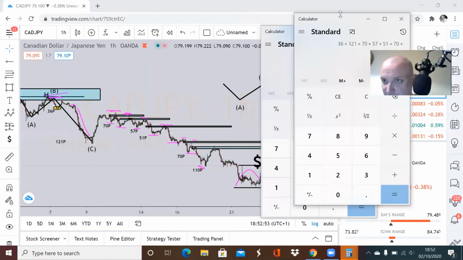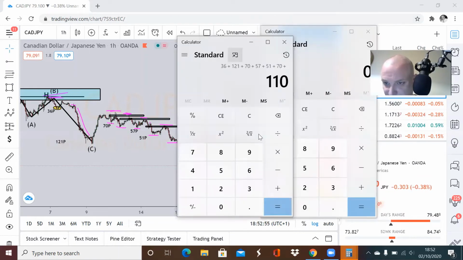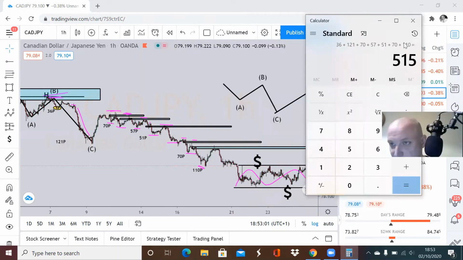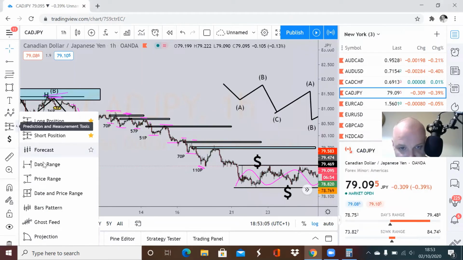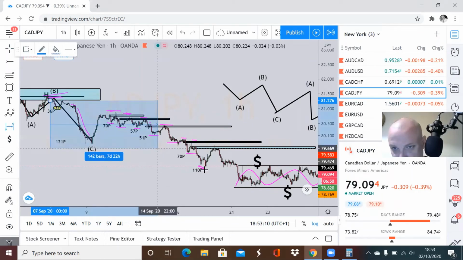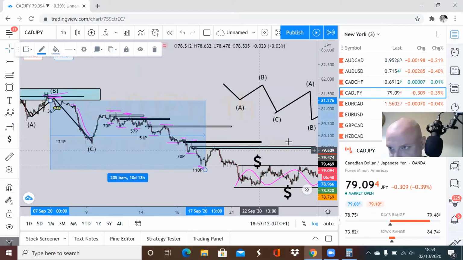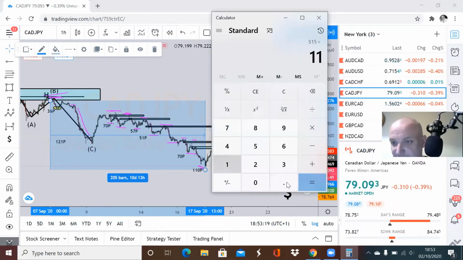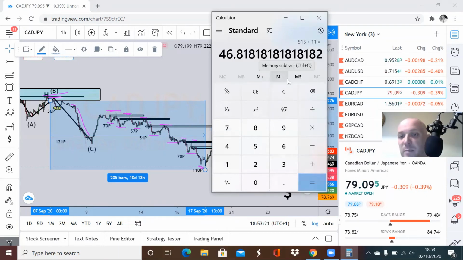We've got all of that. Okay, 515 pips, and then we went into the consolidation phase. Let's just have a look at the date range. So we entered from the top of here, we ended down here. 10 days, we'll see, 11. Just divide that by the 11 days on one pair. There's 46 to 47 pips per day of trading.